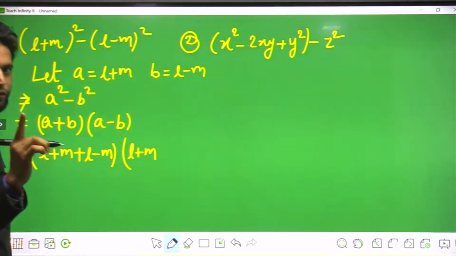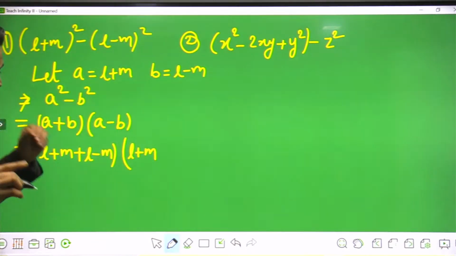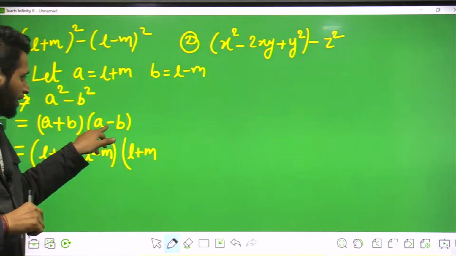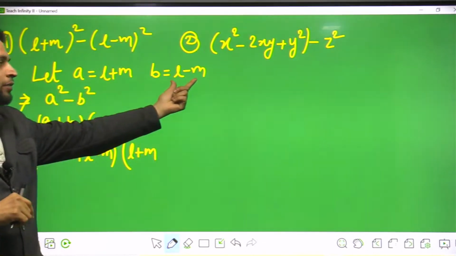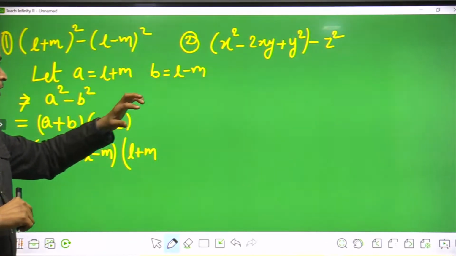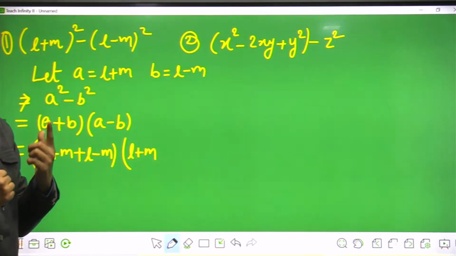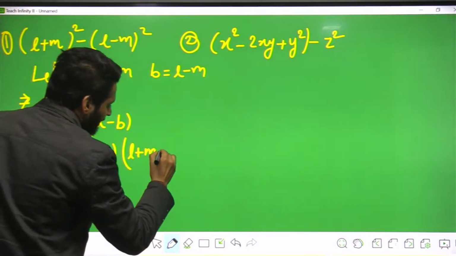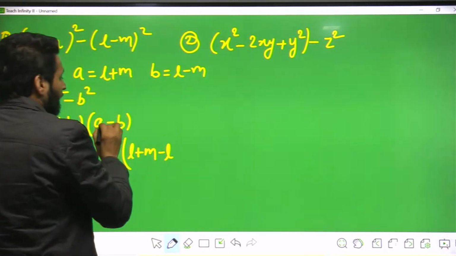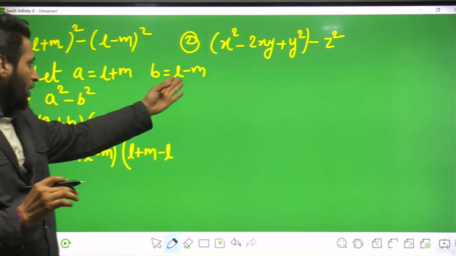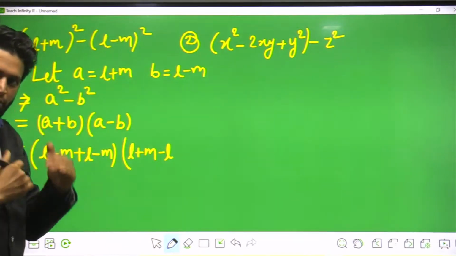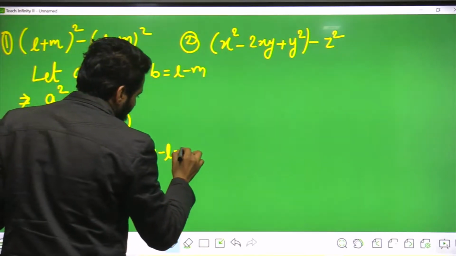Now you can see the important thing: there is a minus sign, that's why it converts the signs. If l is already plus, after conversion it will be minus l. And if m is already minus, we convert it to plus.